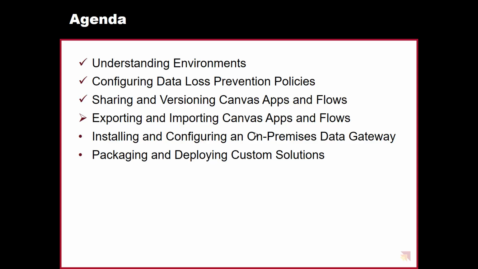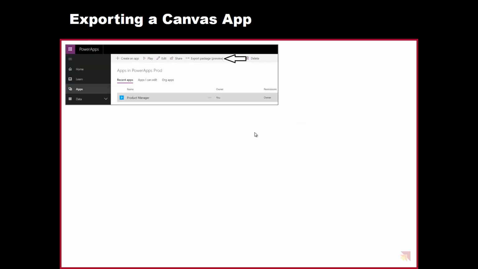But the process is to basically back up certain things. Some things we can export and then import, but we're looking to basically move things between environments. One of the things we have that's fairly new, still in preview, is the ability to create an export package for a Canvas app.